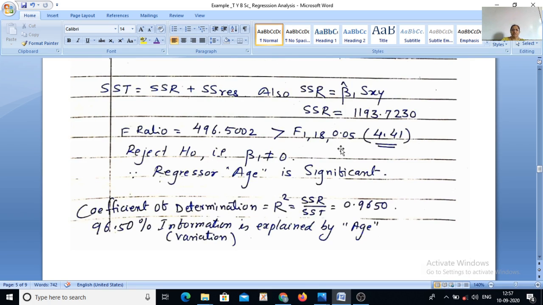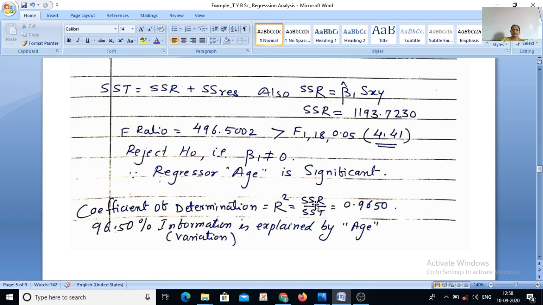Similarly, one test we are going to discuss is to find the coefficient of determination. We denote the coefficient of determination by r square. And what is it? It is the sum of squares due to regression upon the total sum of squares. Okay, so the total variation in y is SST, and the variation due to the regression estimates is SSR.